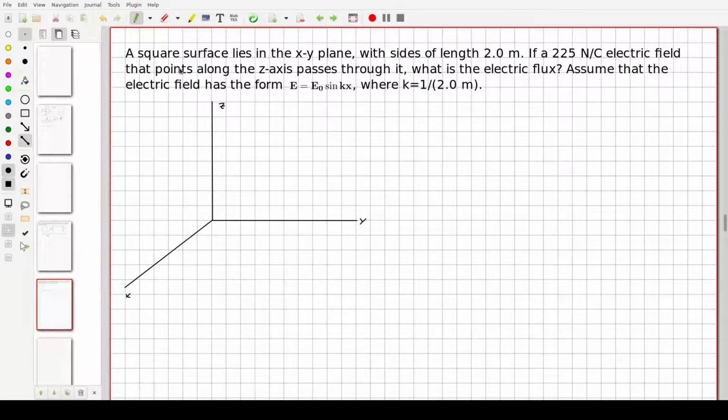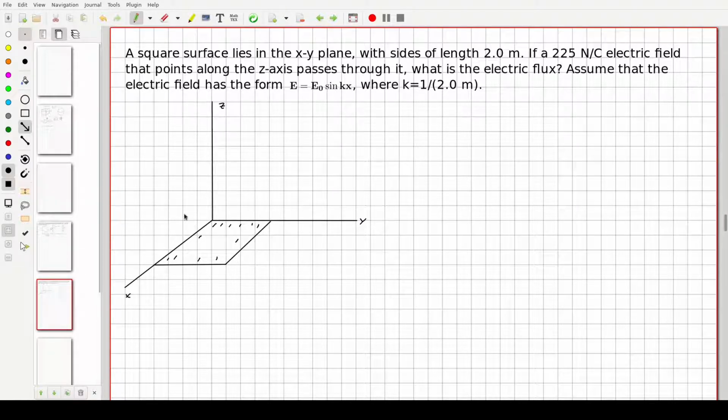Here we have a square that lies in the xy plane. The sides are length 2.0 meters, so maybe I'll draw my square like this. Okay, so this is my little square. I'll give a little bit of texture to show that it's an area.